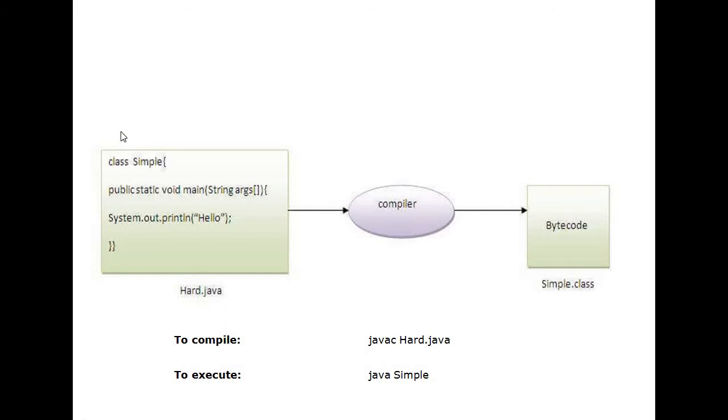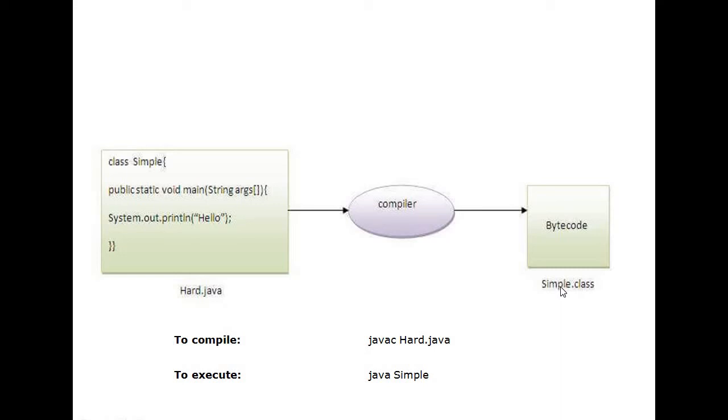Whenever the class name and the file name are different, the compiler produces the .class file with the name of the class. Since the name of the class is simple, it produces the .class file as simple.class.